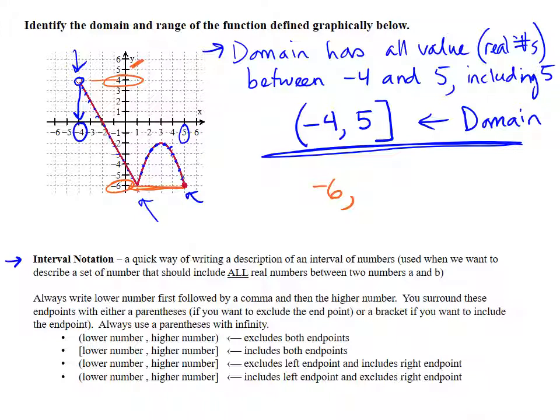So there's no break in the graph from -6 until we get up to +4. Now, -6 was included, so we use a bracket with the -6. 4 was not because of the open circle, so we use a parenthesis. So this would be the range, and it would include all y values from -6 to 4, including the -6, but not the 4.